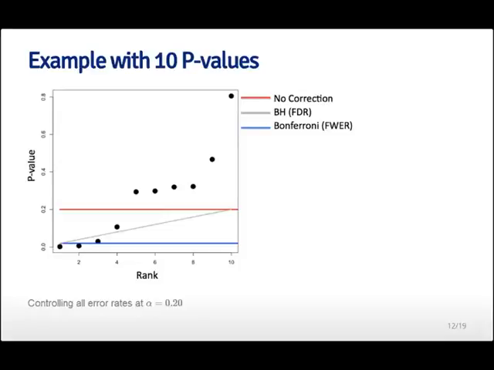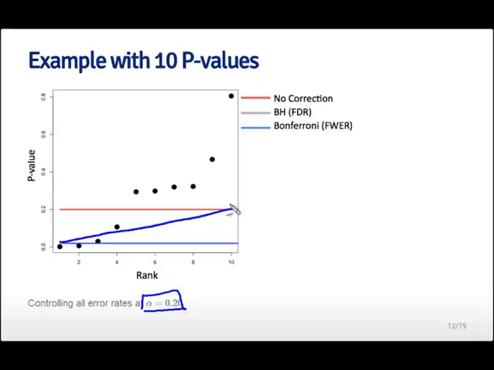So the next thing to look at is the false discovery rate. So this is controlling the proportion of false positives at a level of 0.2. In other words, we expect about 20% of all the results we call significant to be false positives. And so the way that this is calculated is actually following this gray line.